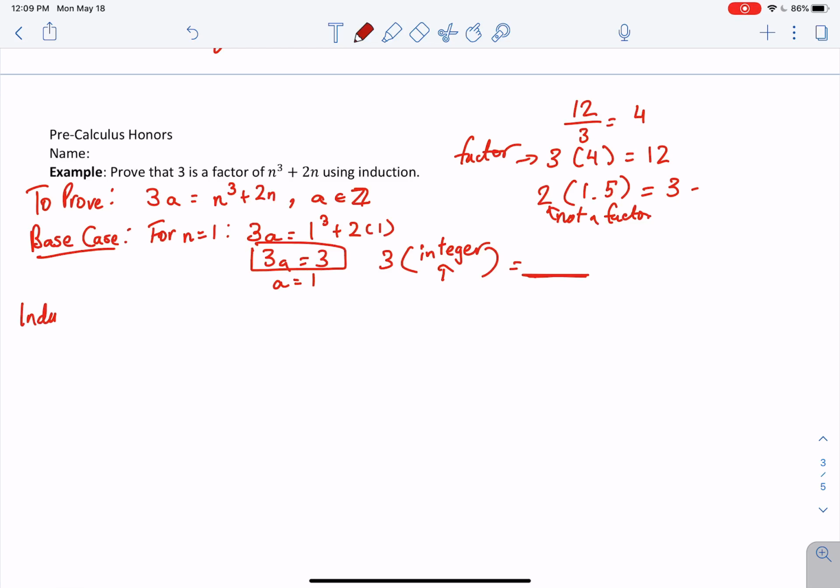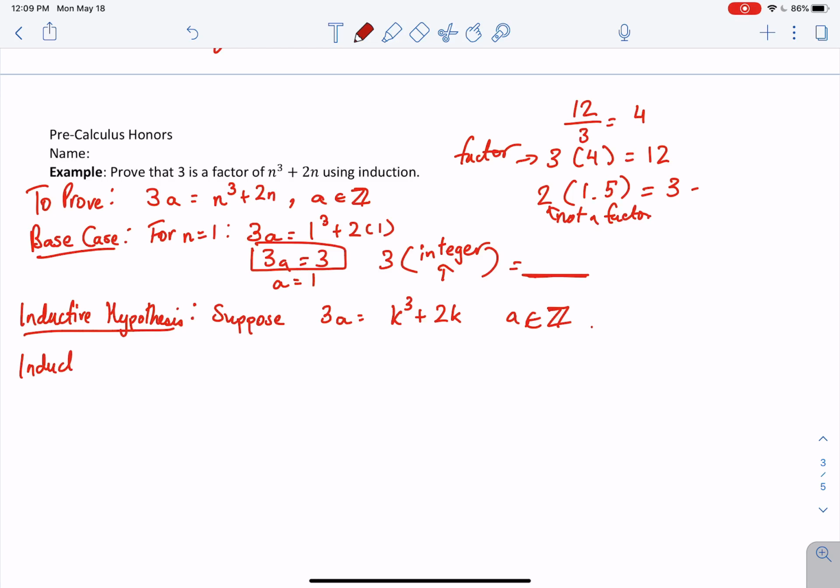So the inductive hypothesis here is that we suppose that 3 times an integer value a is k cubed plus 2k. And this would be where a is an integer.